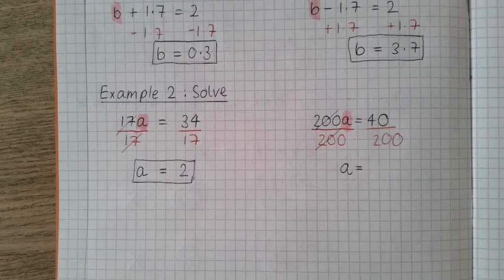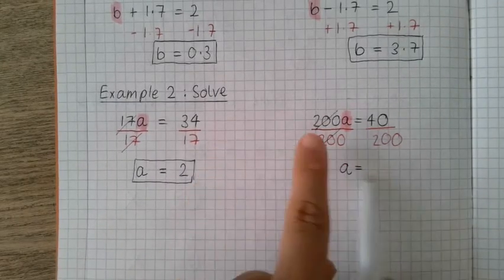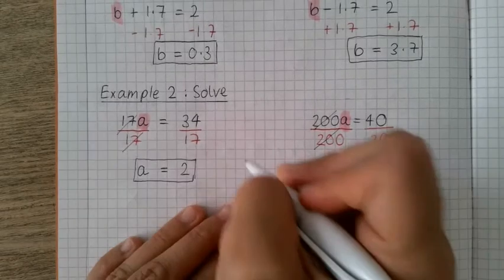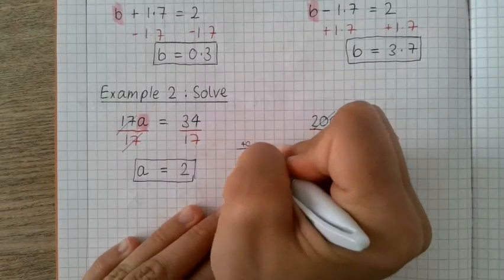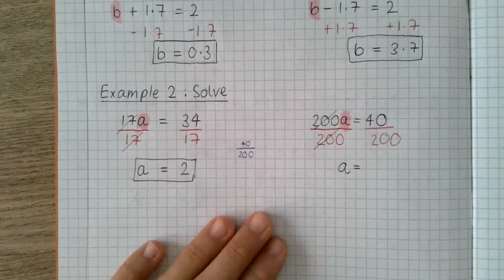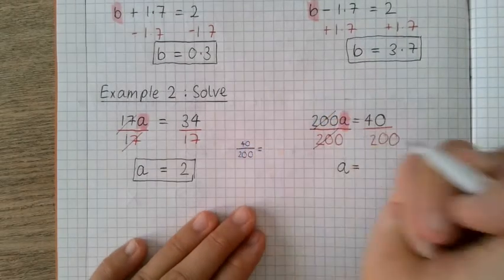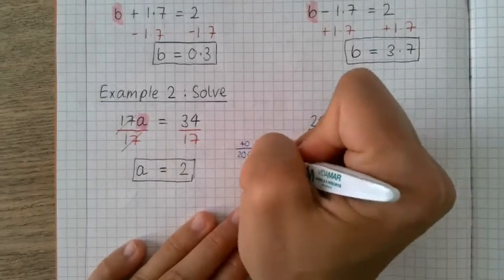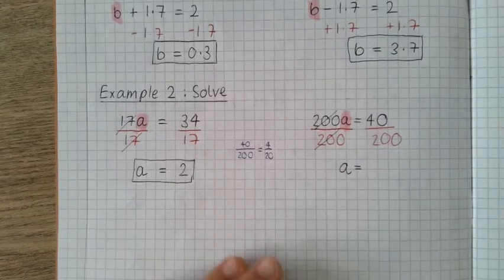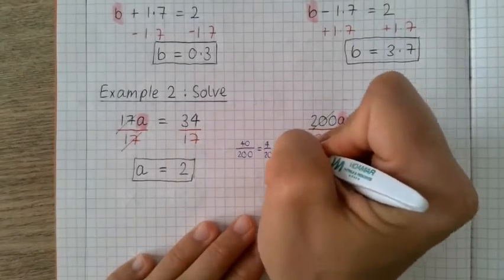So I'm going to work kind of away from my main working out and just figure out what this is, because this fraction, I'm already looking, it can be simplified, right? I can divide through by 10 to get 4 over 20. And then I can also divide through by 4 to get 1 over 5.